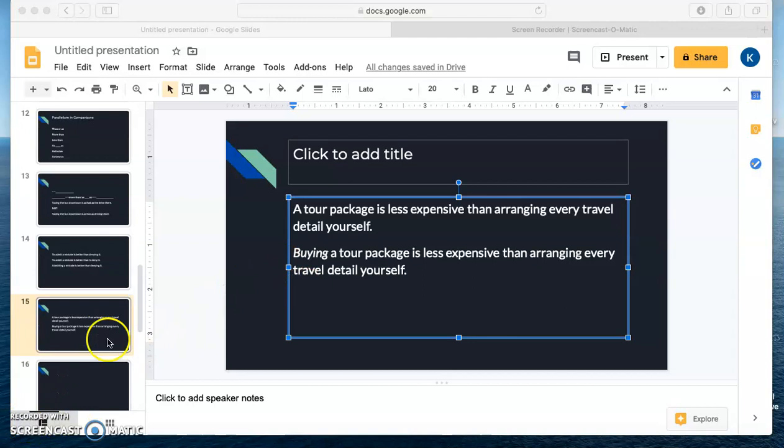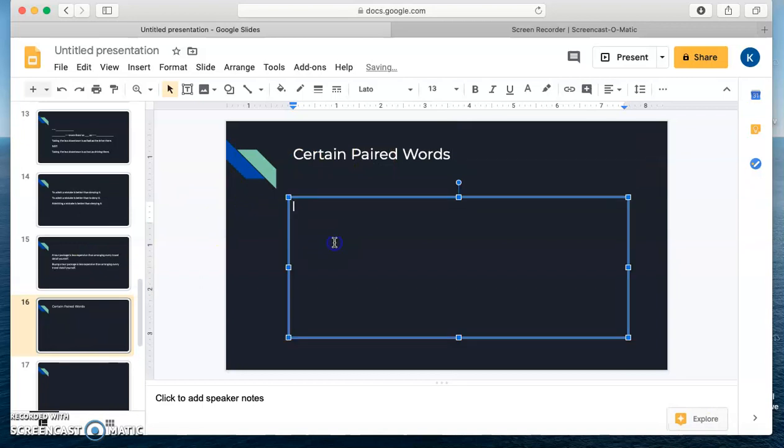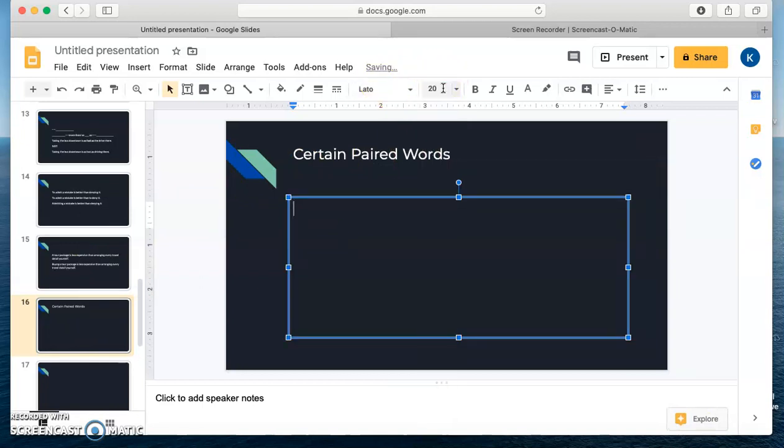In this video, I want to discuss how we can make sentences parallel using certain paired words. There are some words that just go together, like peanut butter and jelly, and peas and carrots, and whatever else it is that you like that goes together.